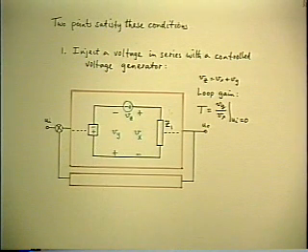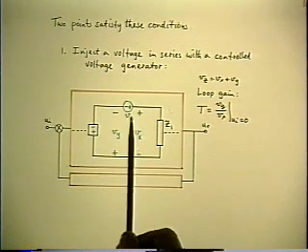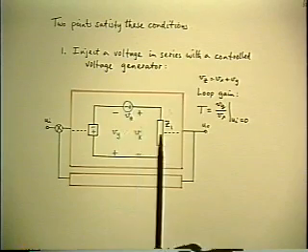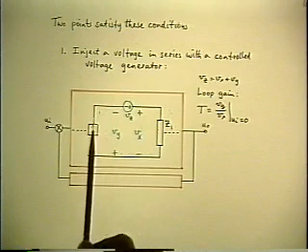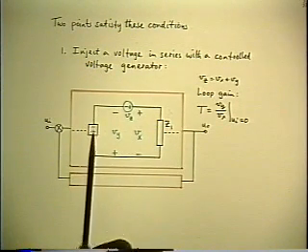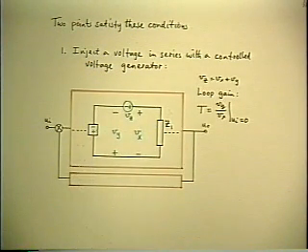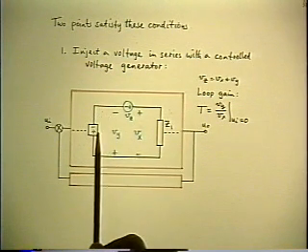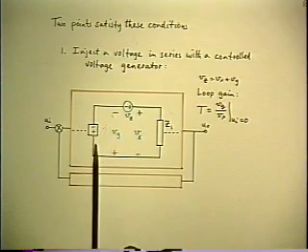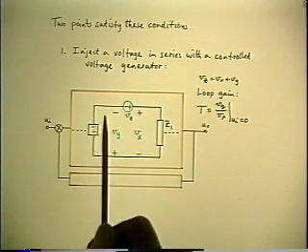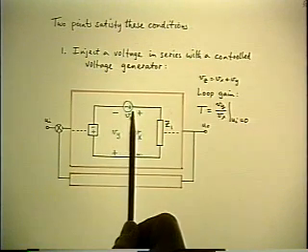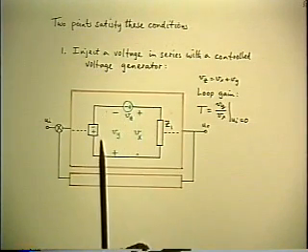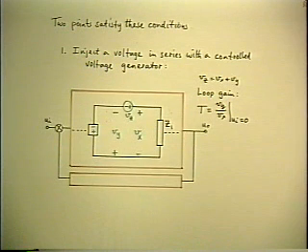And the reason that happens is that when you inject a test signal, you're going to change the current around that loop. But since there's no impedance on the left-hand side, you don't change the value of that voltage generator. That's a little more detailed description of the necessary condition for not upsetting the loading. Because it's a zero impedance voltage generator anyway, so even though the test signal changes the current, it doesn't change the value of the generator.